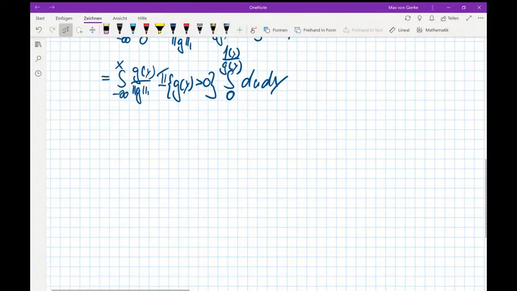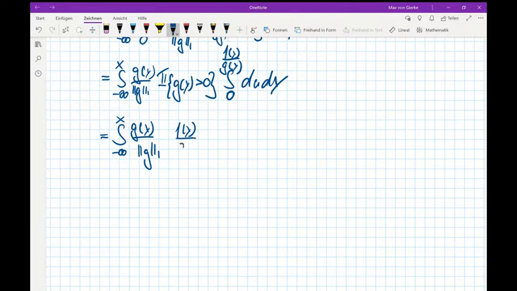And now the inner integral is super easy to integrate, as you can see. And now what we have here is gy over the norm. This is this part, and then we have fy over gy, which is our integral here, and we are still left with the indicator dy.